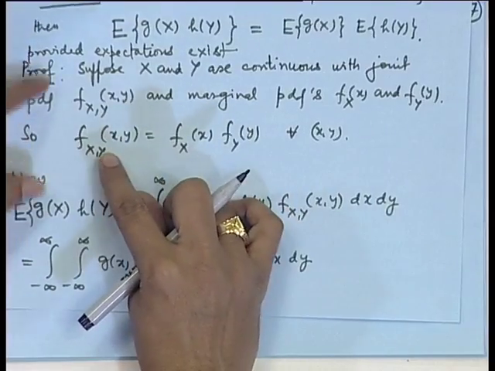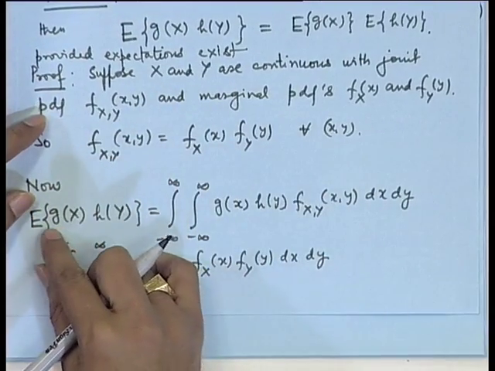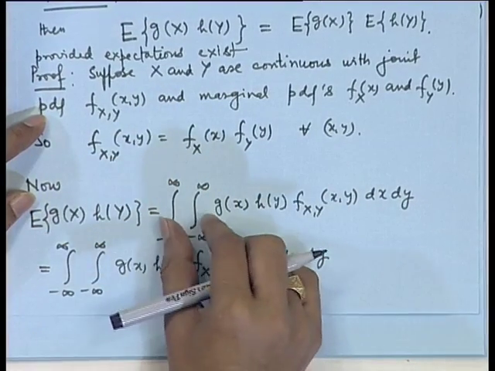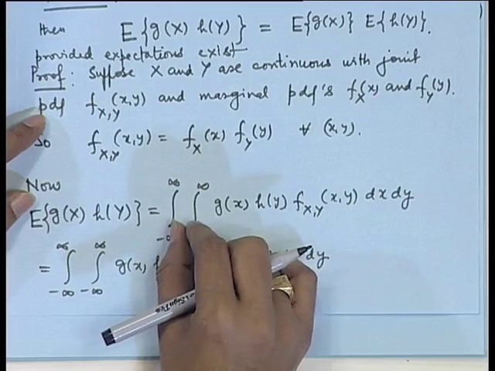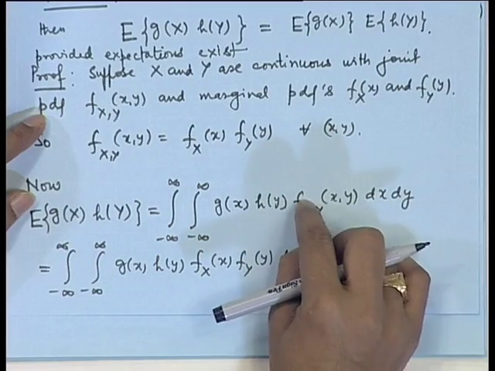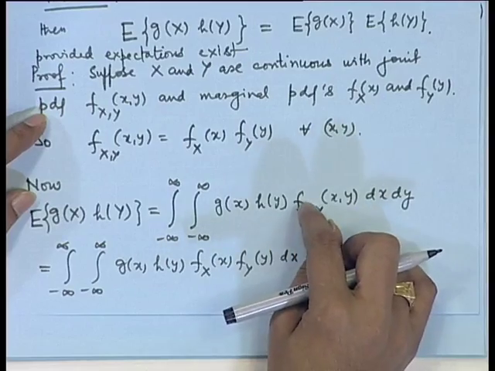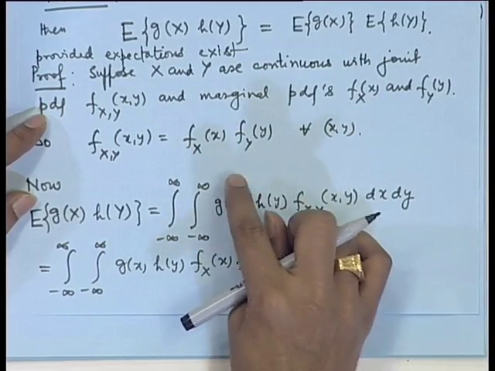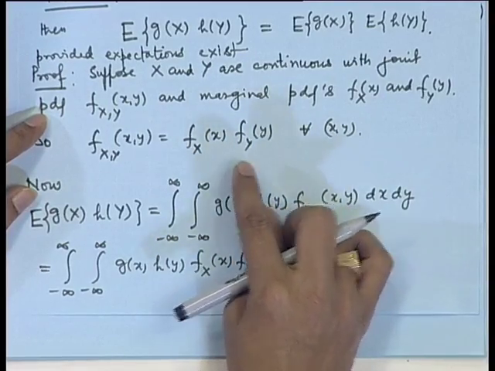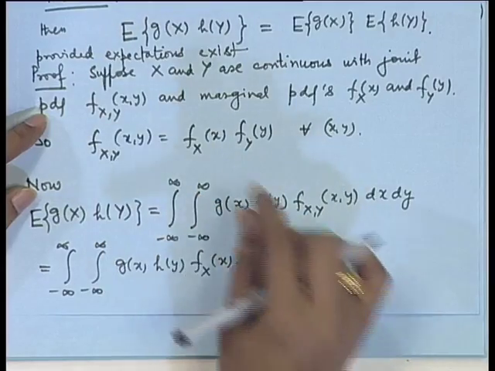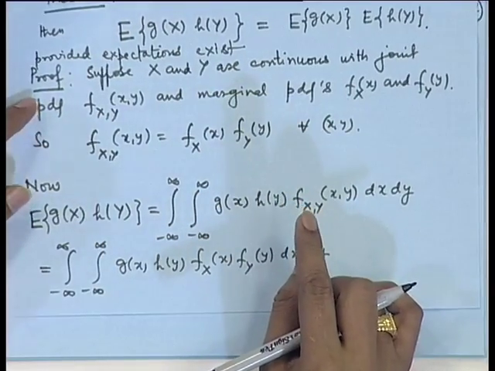A similar proof can be given in case the random variables are discrete, because here the integrals can be replaced by the summations and the density function can be replaced by the mass function. The proof is a little bit involved in the case of mixed random variables, when one of them may be discrete or continuous, etcetera.